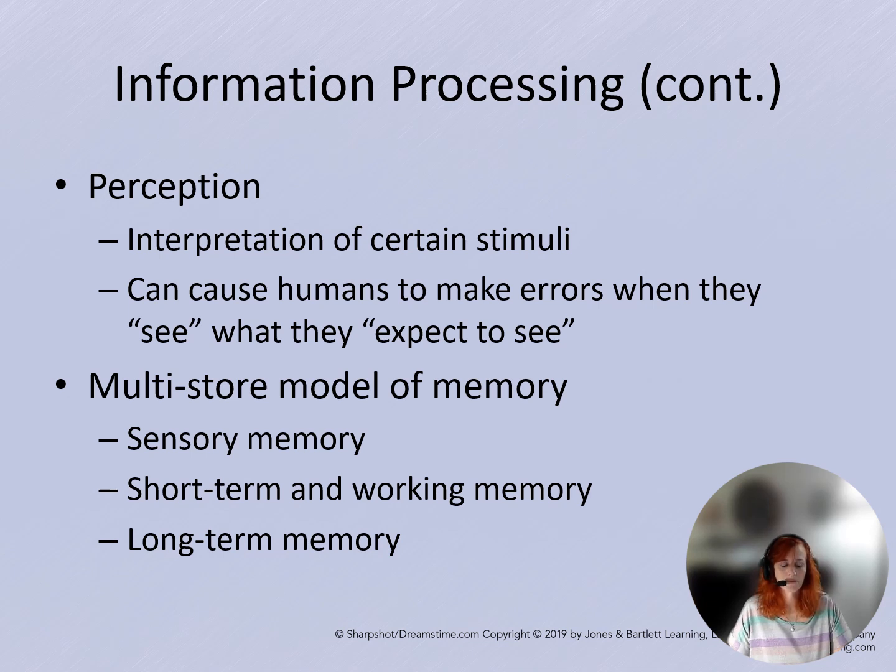All right. So just some more: the multi-store model and memory. Here, I like this one right here. Perception can cause humans to make errors when they see what they expect to see. So have you ever written like you talk?